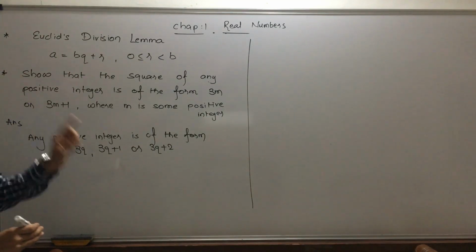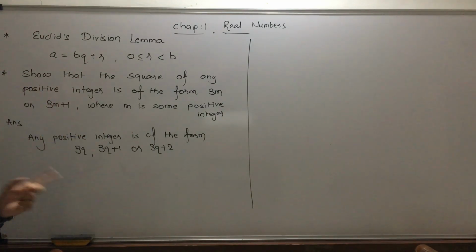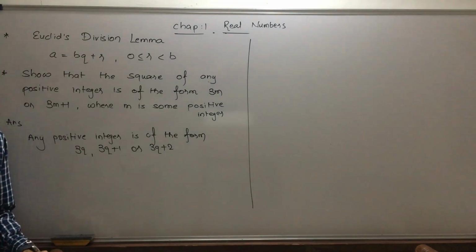When it is asked any positive integer, no odd, no even, then in this type of question always any positive integer is of the form 3q, 3q plus 1 or 3q plus 2.